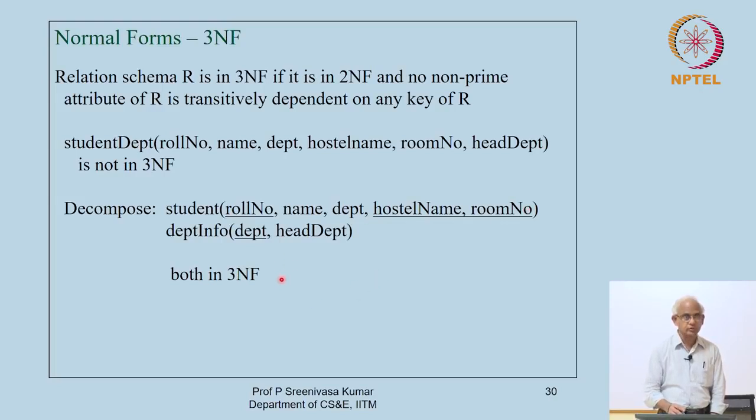Now the troublemaking transitive dependency has been removed from each of these. We independently look at functional dependencies in the student relation and the department information relation, and there is no transitive dependency now, so both of them are in third normal form.